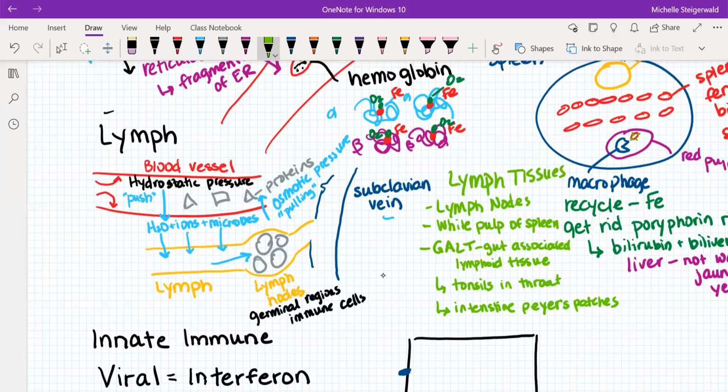So tonsils are going to be checking for things that you're breathing in, and your Peyer's patches are going to be checking for things that may have been in your food. So it's going to be taking stuff that's actually external. I mean, it's like inside your body now, but it's not in your tissues. So it's going to take it across the membrane in M cells. Both of these will move across M cells and into a germinal region.